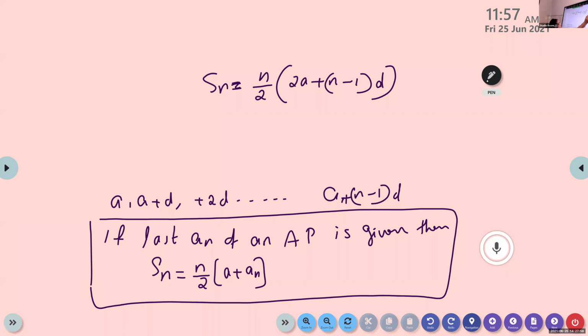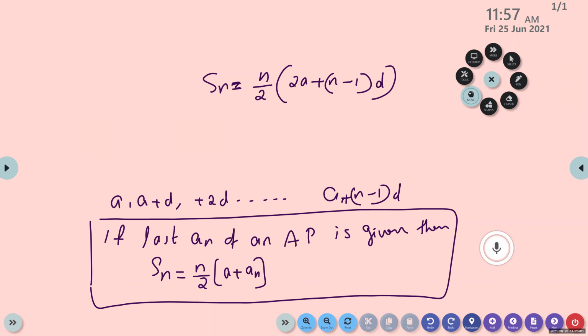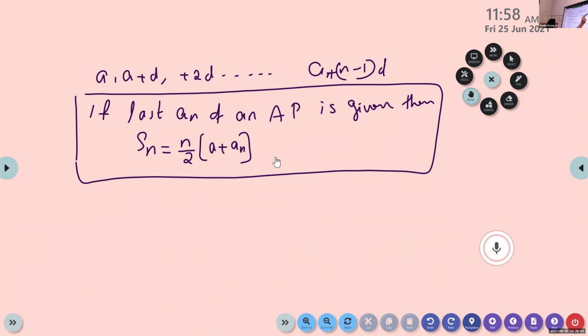Okay, children, you write this in a box. If the last term of an AP is given, then in some of the questions we have to know this formula also. We need to apply this also.